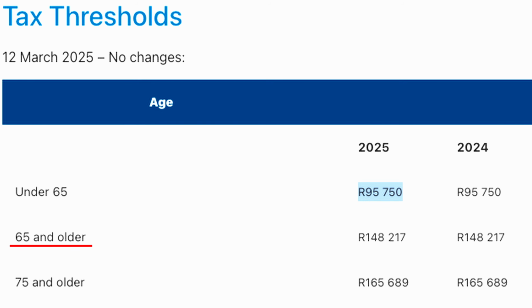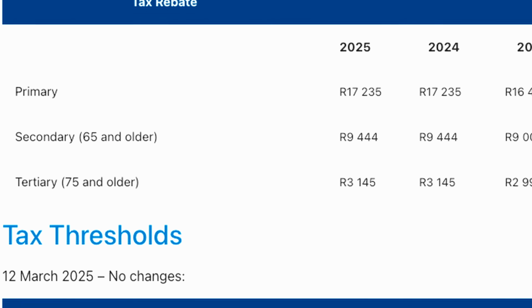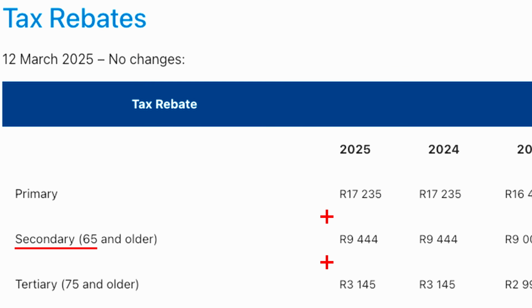This applies to every person aged below 65, and anyone who is older than that gets a higher primary rebate. So called because the way you calculate tax, this is the first rebate you can claim. But then there are various other means to further reduce your taxes. We won't go into those methods today, but suffice it to say, the first way that SARS allows you to pay less tax is by applying this primary rebate.